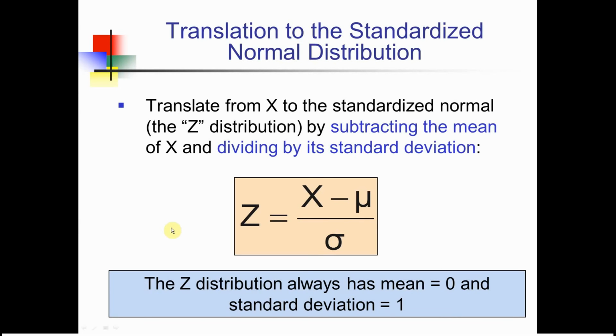So to transform one to the other, or what we call the z-score, or the z-distribution, you could take, say, x as a random variable. That's a normal random variable that has mean mu and standard deviation sigma.